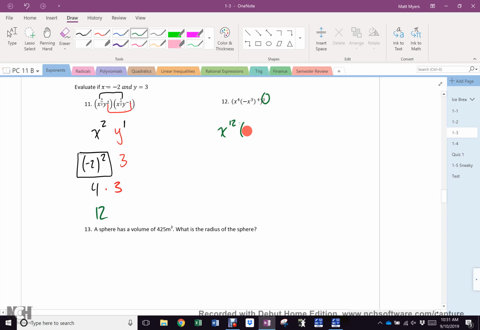Then what? Negative x. Right. I better deal with this one in here first, right? So I've got x to the 4th, and then negative x to what power?